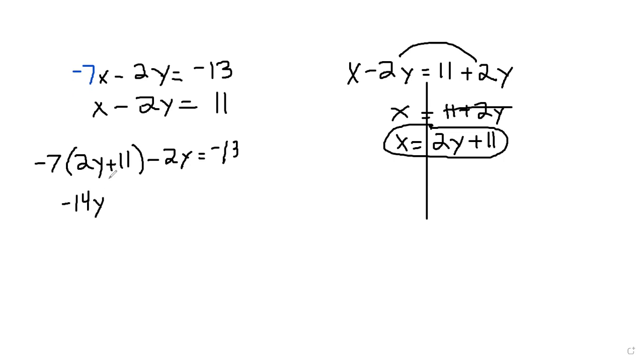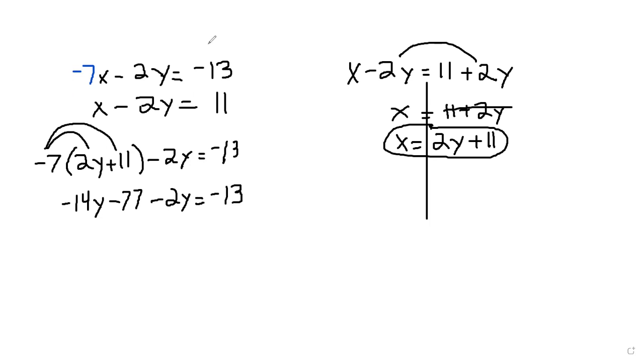And then we can solve for x too. So negative 14y minus 77. Now, where'd I get that from? Well, negative 7 distributes, times 2y is negative 14y, and then negative 7 times a positive 11 is negative 77. And we still have the 2y here, and the negative 13 on that side of the equal sign.